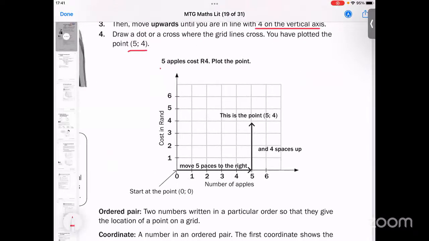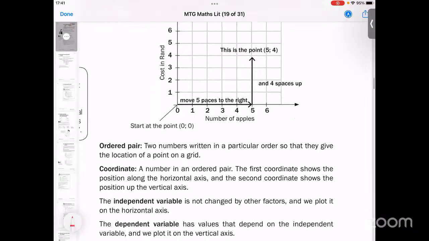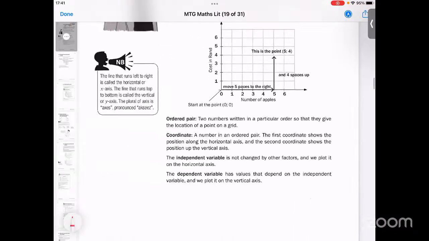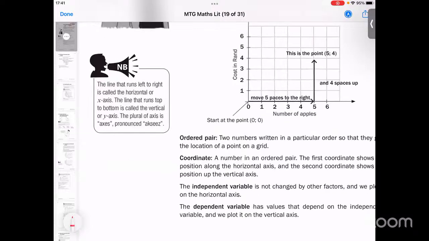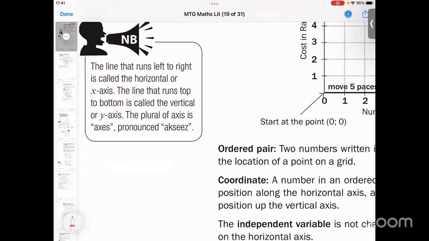So the name of this graph: 5 apples cost 4 rand, plot the point. Okay, then it's fine. You've just plotted it there. Yes, I think we've just done all that they are trying to explain there. The line that runs left to right is called the horizontal or the x-axis that we know by now.